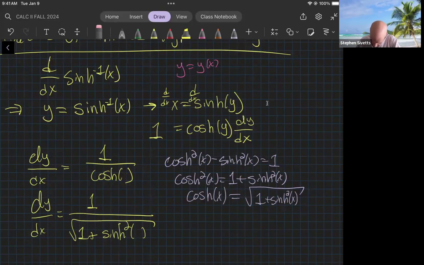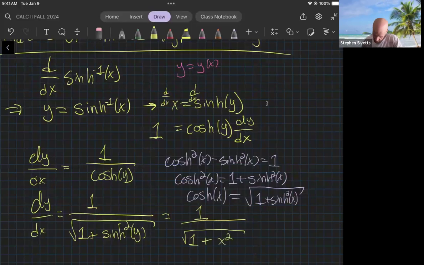So since hyperbolic sine of y is x, we can write this quantity as 1 divided by the square root of 1 plus x squared.